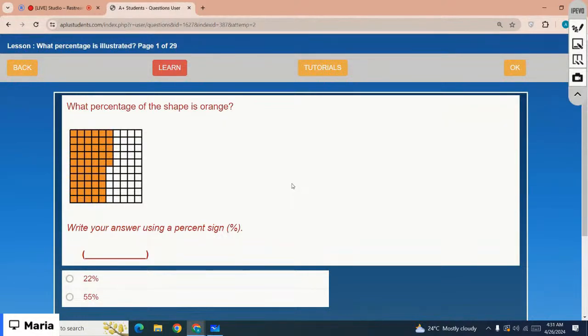How many of them are orange? That is 55. That is 55%, isn't it? The correct option is 55%.